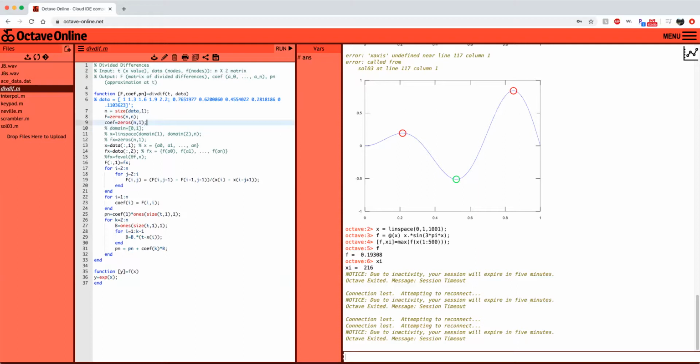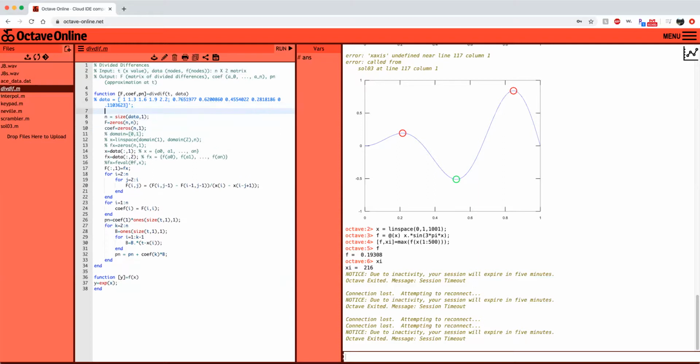So now that's going to determine the size of the nodes. Okay, so we got this.